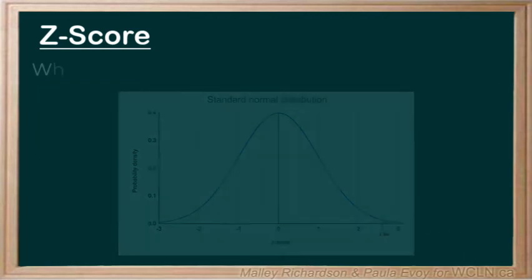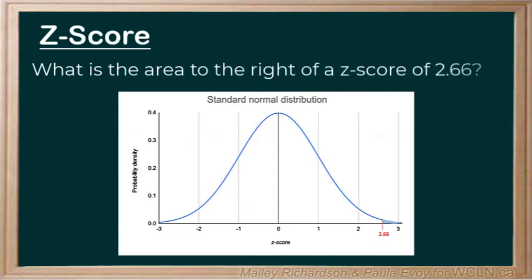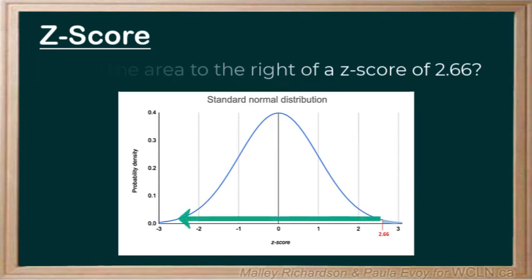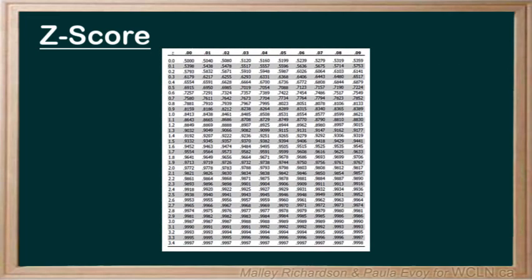Let's try this as an example. What is the area to the right of a z-score of 2.66? We first need to find the area to the left of a z-score of 2.66. We use a positive table and find a z-score of 2.66.